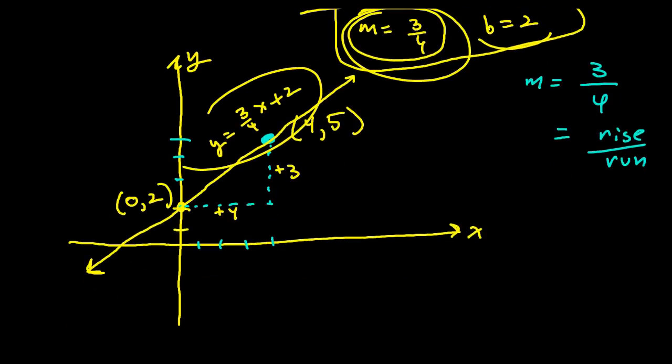All right, we can also use the slope-intercept form to determine equations of lines that are already graphed for us, kind of working things backwards. All right, let's try to apply slope-intercept form in another scenario.